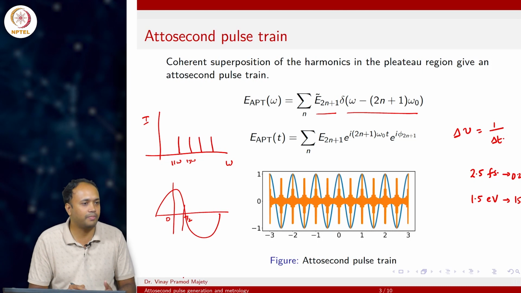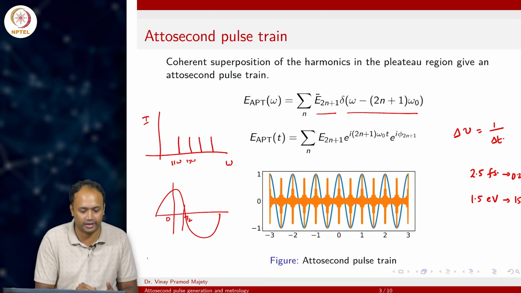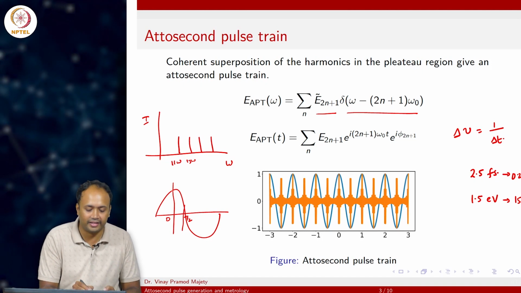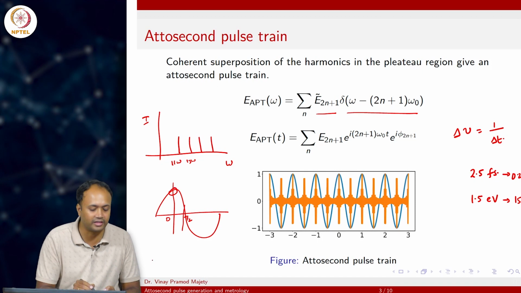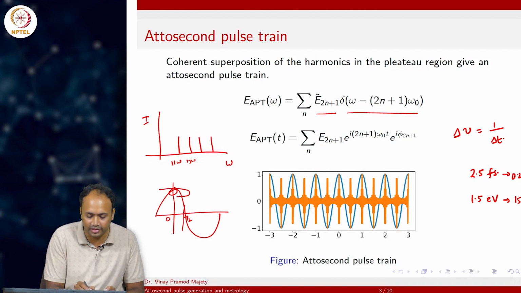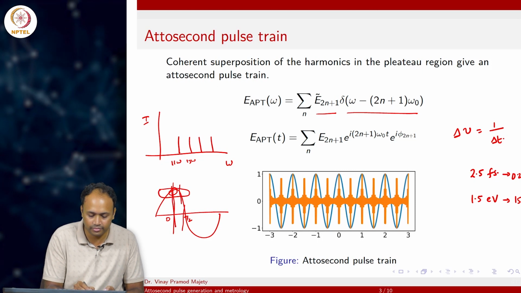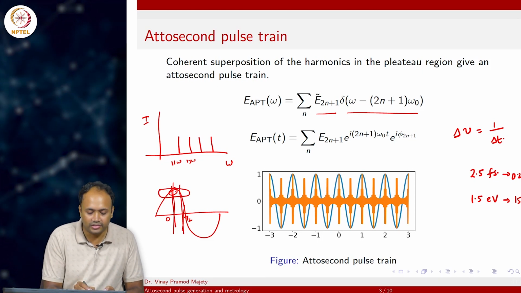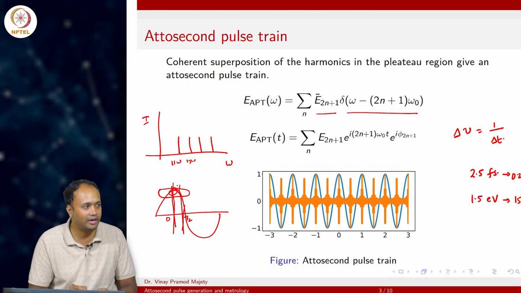Where does it ionize maximum? It ionizes at the peak of the electric field. That is the other aspect. So, the most probable electrons would get emitted at this peak or around this region, in this time window, and it is these electrons that would recollide, recombine and emit radiation.